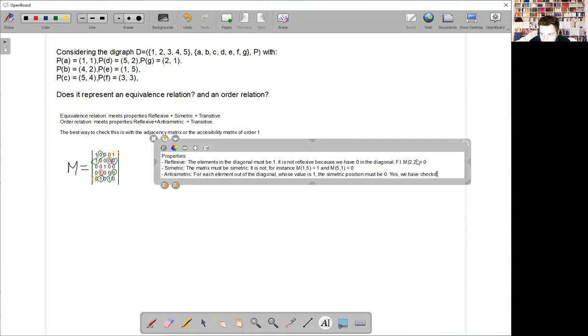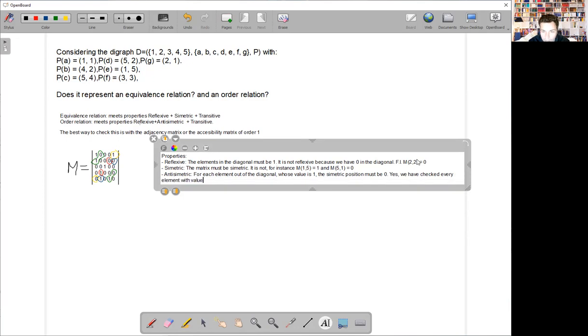Right? Yes, we have checked every element Mij equal to 1 in the matrix, and Mji is equal to 0 when we are not in the diagonal, right?